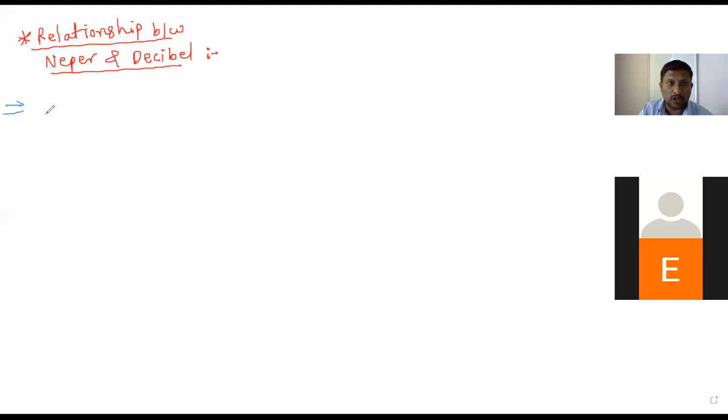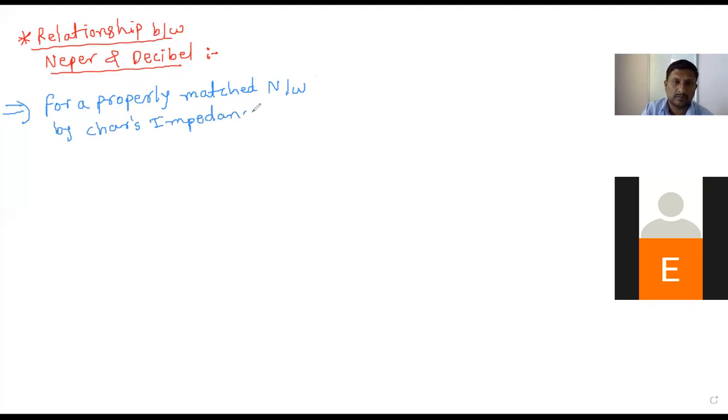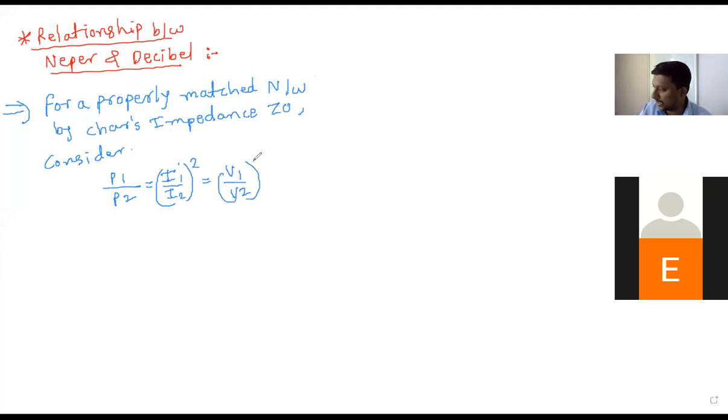Now for a properly matched network by characteristic impedance Z0, consider P1 divided by P2 is equal to (I1 divided by I2) square, that is equal to (V1 divided by V2) square.